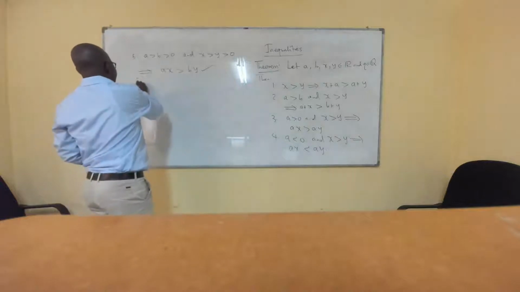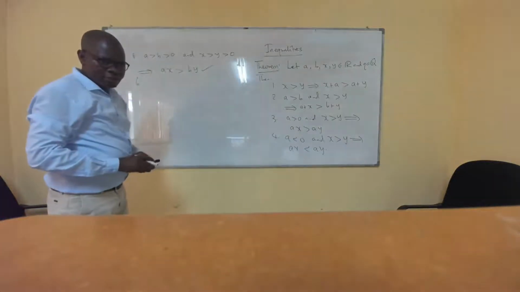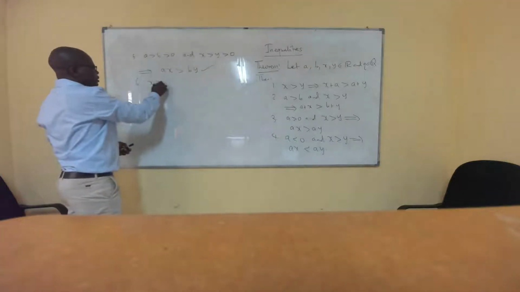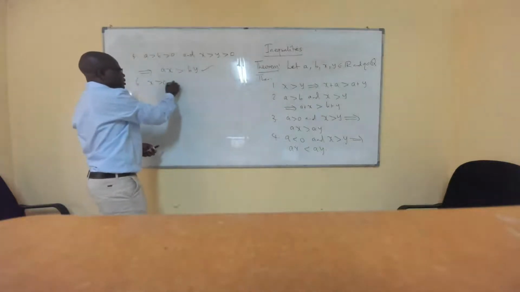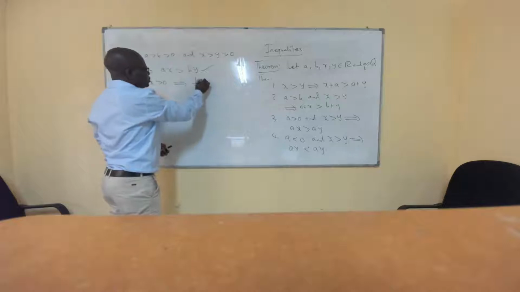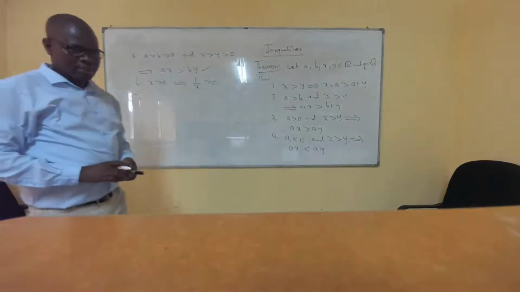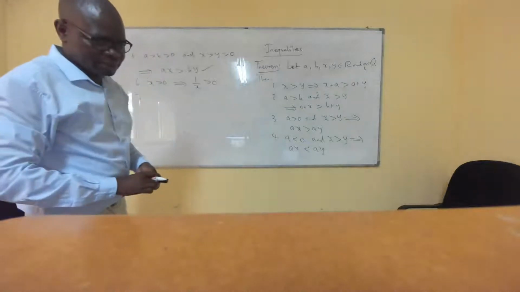Six. In your notes, it says when x is a positive number, then its reciprocal should also be a positive number. It's trivial, but it is important that we state it.